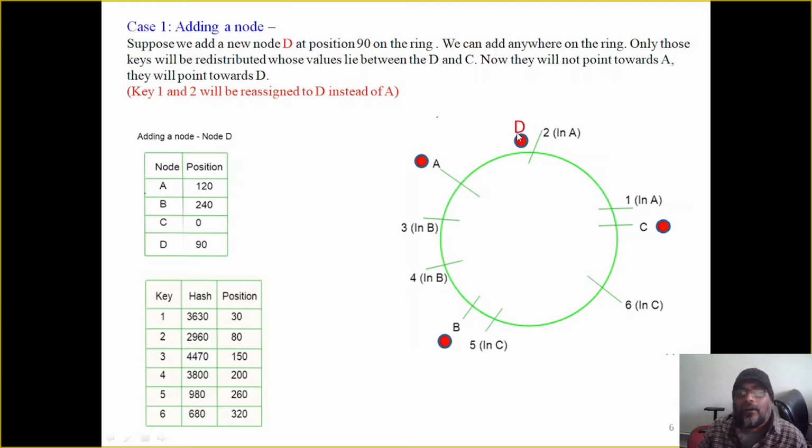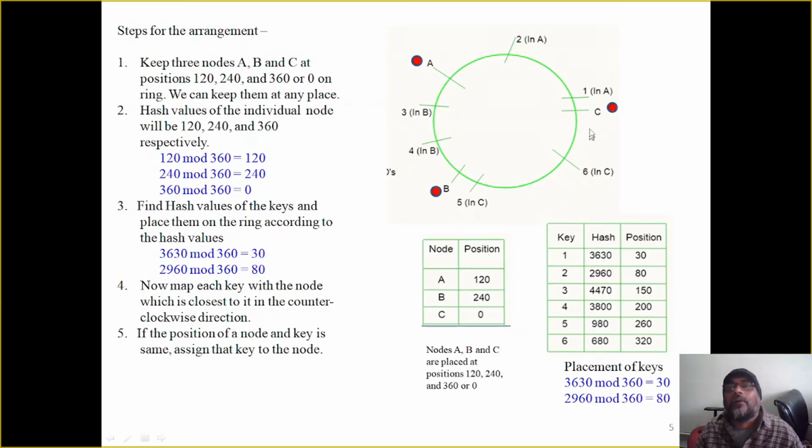You see here when we add this new node, earlier our rule was that the keys will be assigned to the node closest to them when we move anti-clockwise or counterclockwise. So you see D is added. The first key and the second key will now be assigned to D. Earlier, first and second were being assigned to A in this experiment.